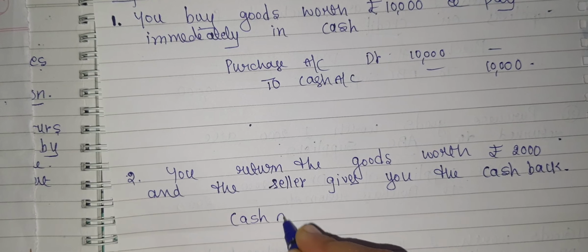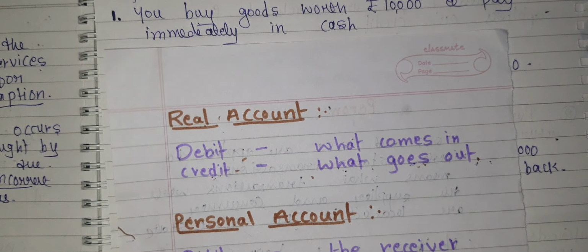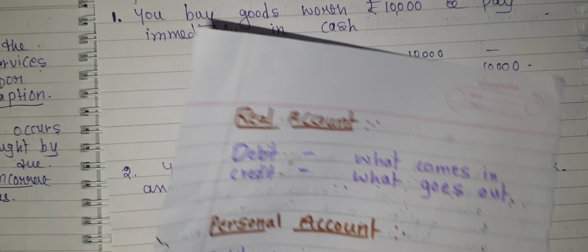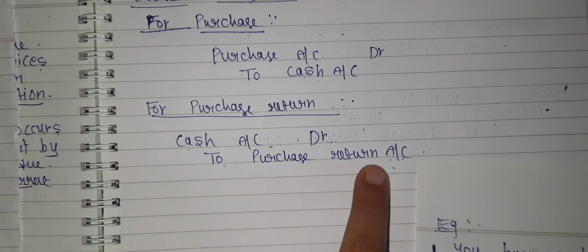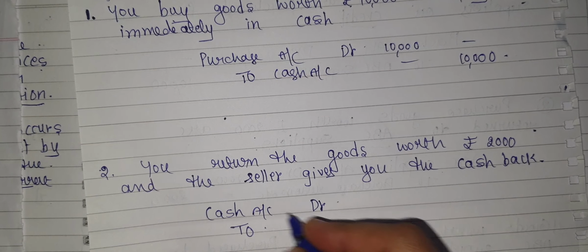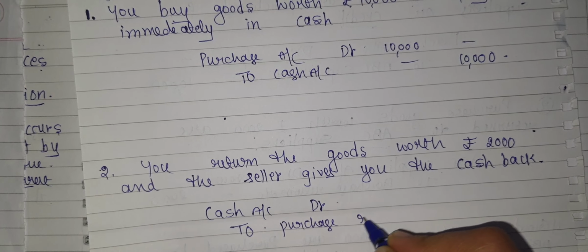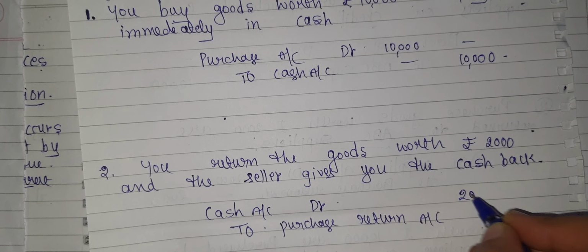Cash account falls under real account and the rule of real account is debit what comes in. Cash comes in. Cash account debtor to what? To purchase return account because they are returning the goods, that is rupees 2,000.